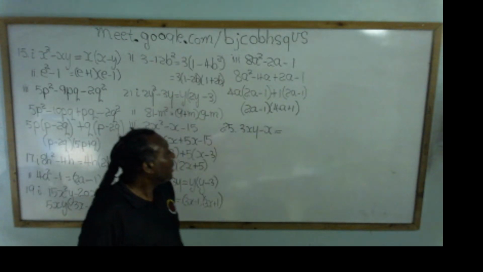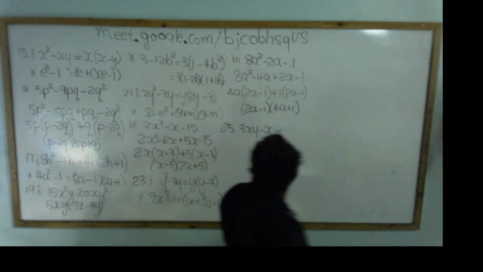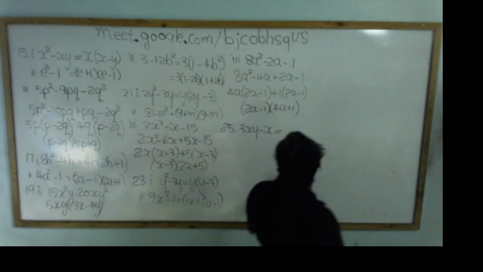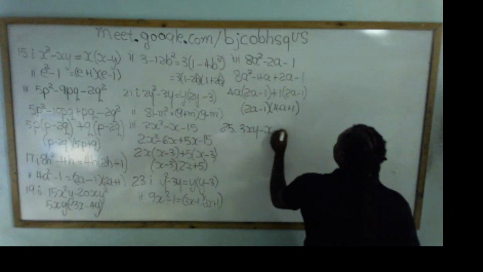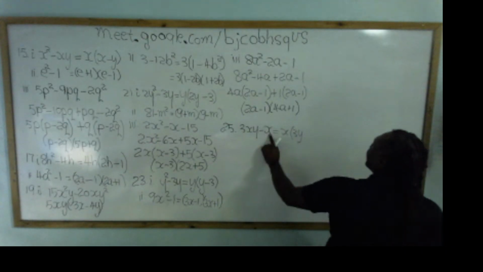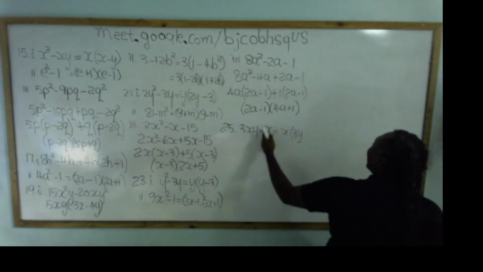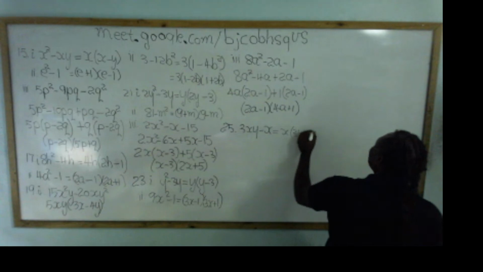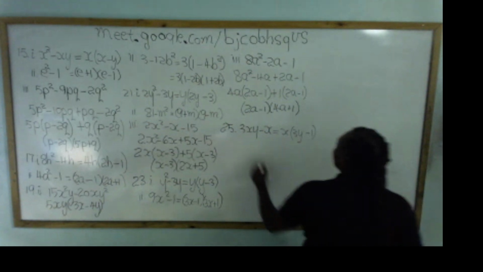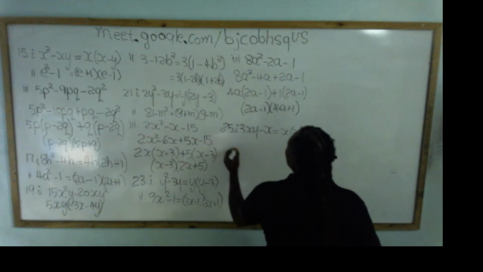Of course, you can see the common factor. For the common factor factorization, let us not stay all evening and attempt to do it. The common factor is x. You take out the x here, you have 3y. Then you take the x here and negative 1. And you are done. Of course, that is 25 Roman 1.